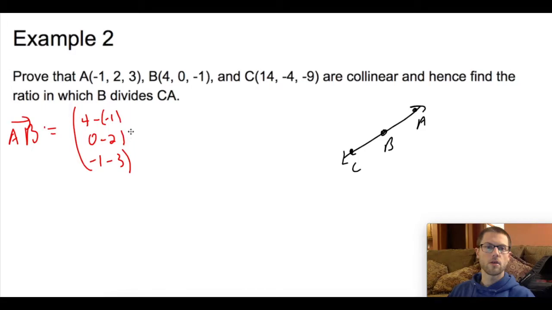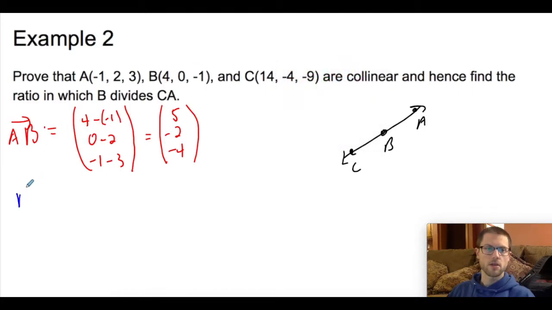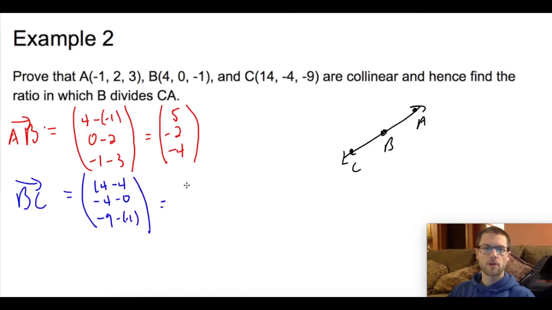So the vector AB is going to equal 5, -2, -4. Then vector BC is going to be all the C's minus all the B's: 14 minus 4, -4 minus 0, and -9 minus -1. That comes out to 10, -4, -8.